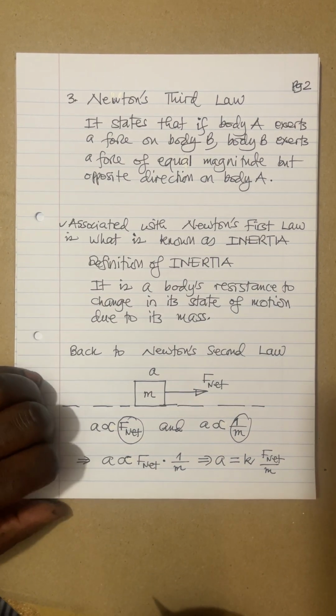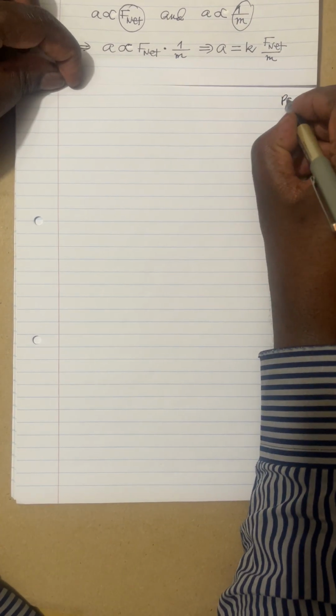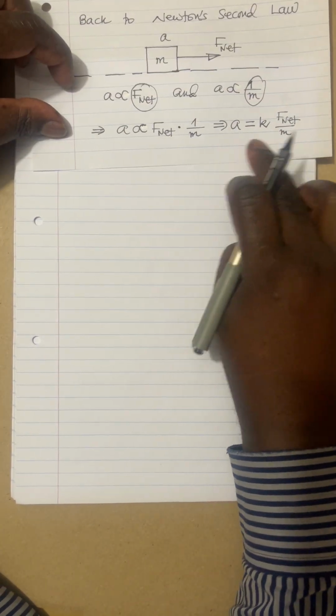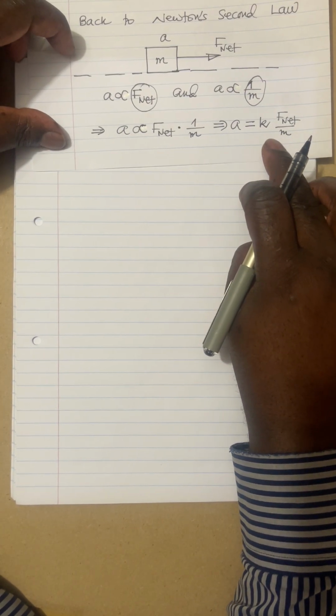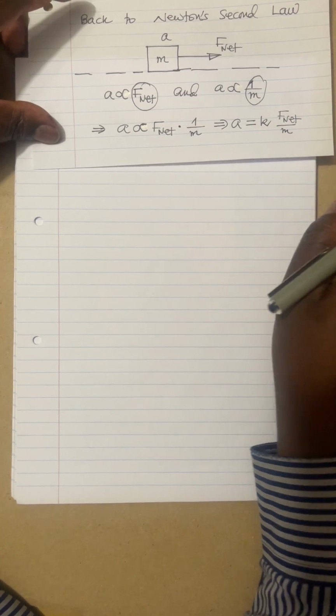Right. Now, let me go to page number 3. I'm going to keep this one because it's critical. So basically, experiments conducted have shown that the value of k is actually 1.